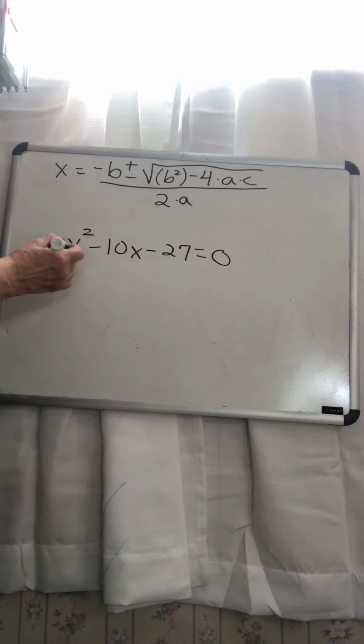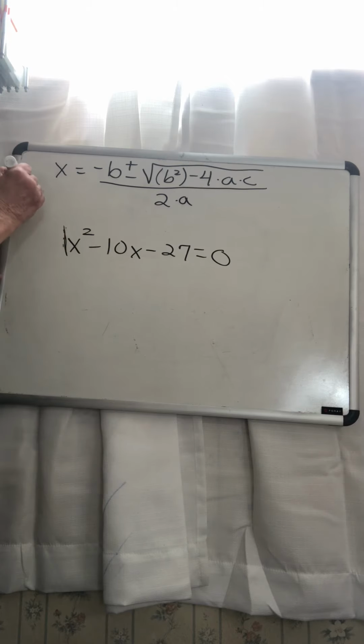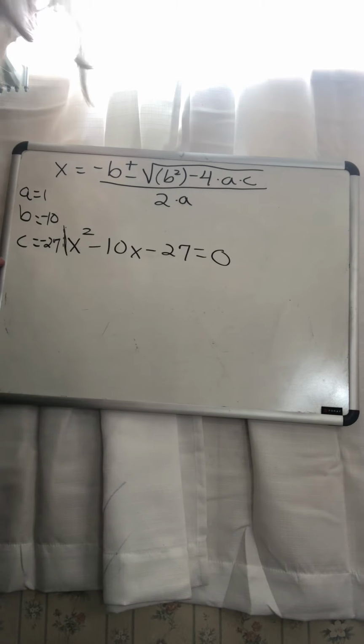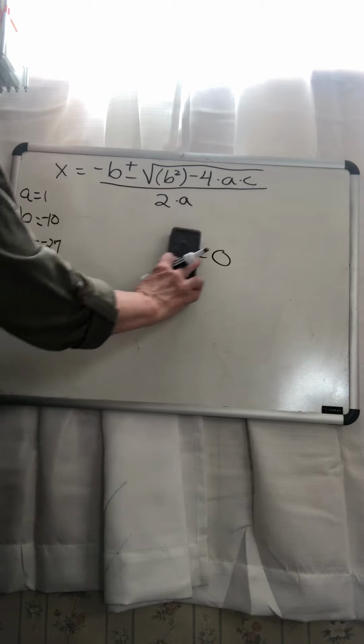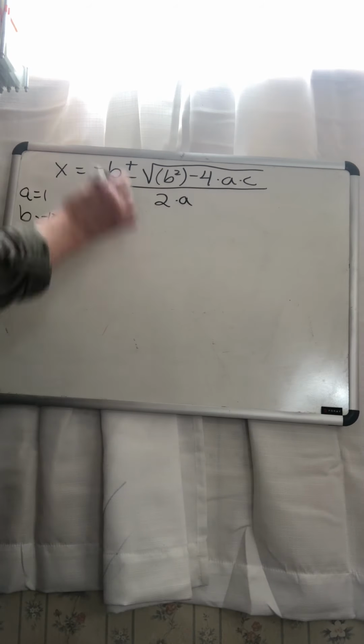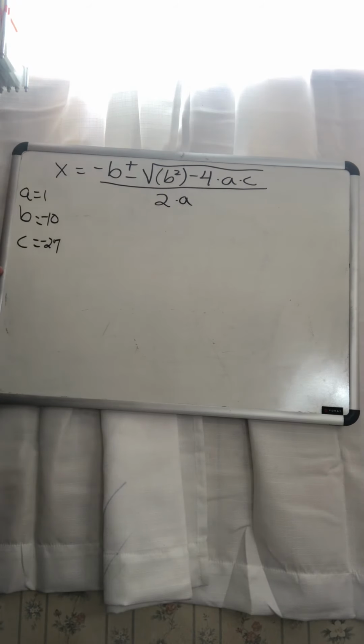So a is going to be, the coefficient's 1, so a will equal 1, b is going to equal the negative 10, and c is going to equal the negative 27. So now that I have that written down, I can erase this and go ahead and plug it into our equation.